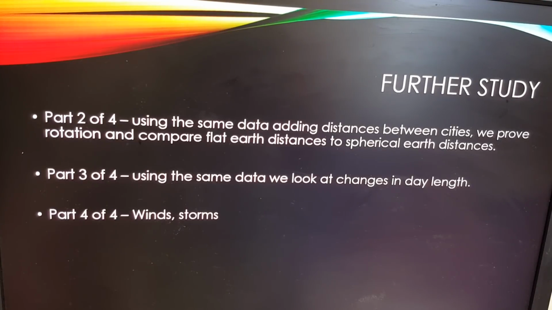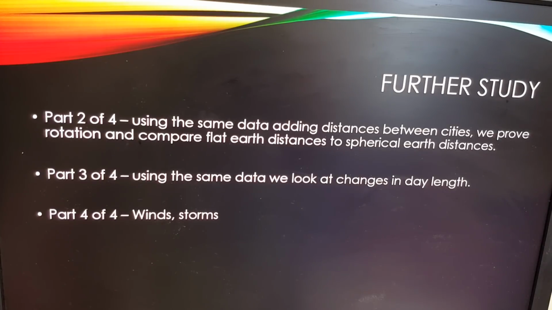For further study, I'm hoping to do more videos. I'm going to use the same data that we saw in this video, using this same data, distances between cities. We will prove rotation, and we'll be able to compare flat Earth distances to spherical Earth distances.